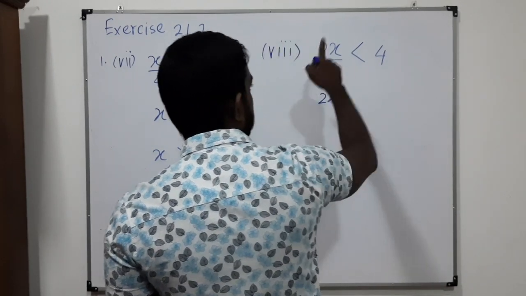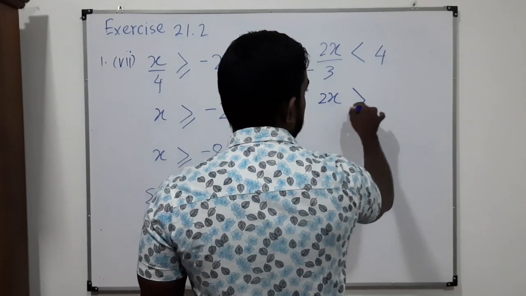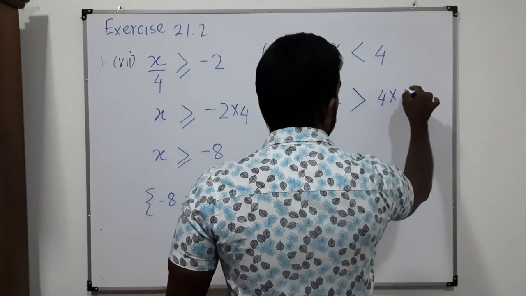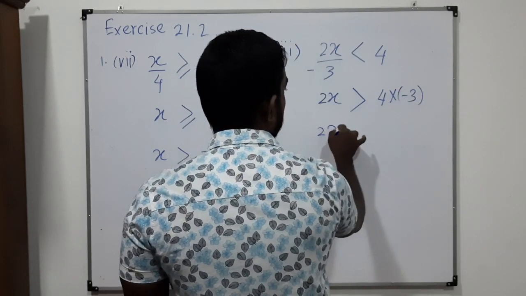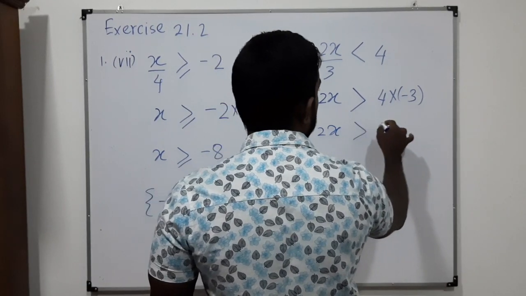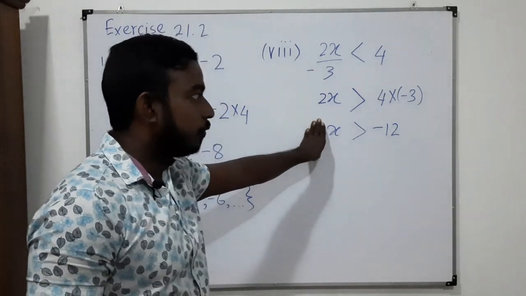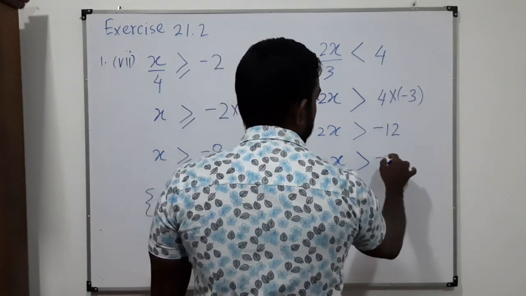Now I know that minus 3 goes to the other side, it will be a multiplication. Therefore, I can change this mark to this side and write 4 into minus 3. So now I can write 2x is greater than minus 12. Now again I can close number 2 and write down the remaining x is greater than minus 12.